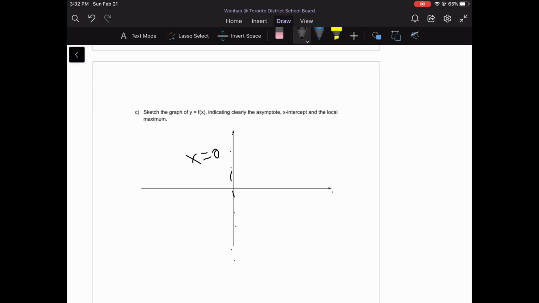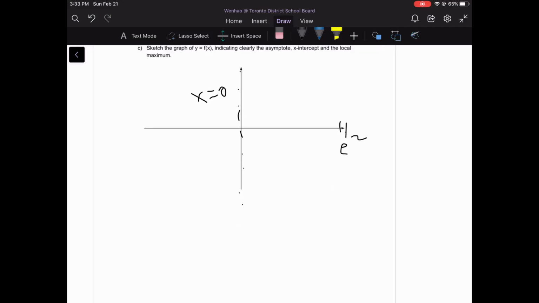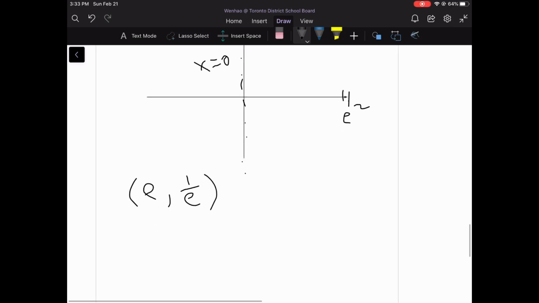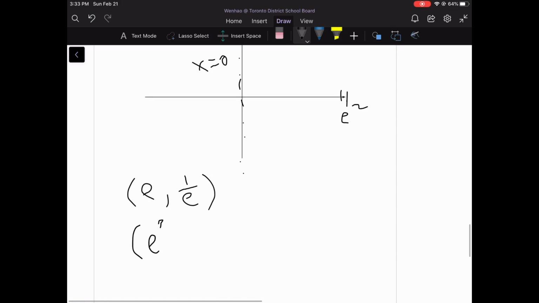And then we go up to e squared. That's the domain. And remember that there is a local max at e, 1 over e, and there's a point of inflection at e to the 3 over 2, 3 over 2 e to the negative 3 over 2. Okay, so we need to draw these.